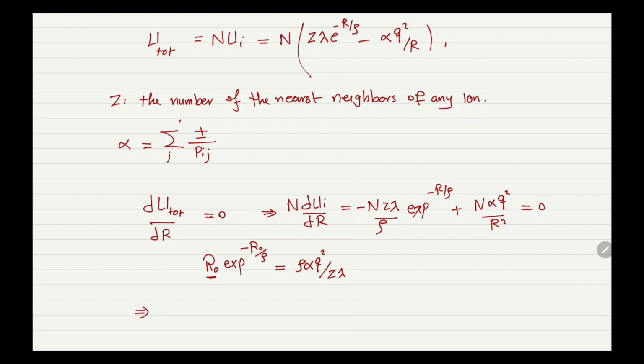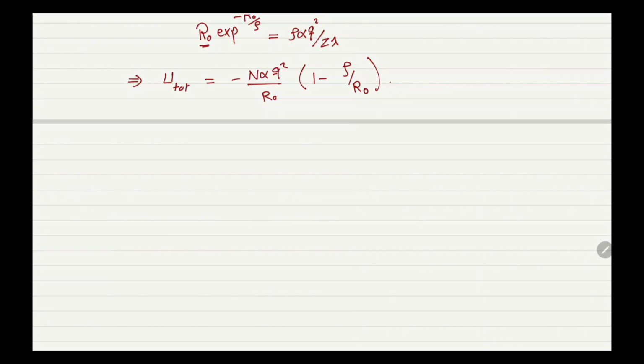You substitute back in U total, which equals minus N alpha q^2 over R naught times (1 minus rho over R naught). This is the total energy of the crystal of ions at their equilibrium separation R naught, so R equals R naught.